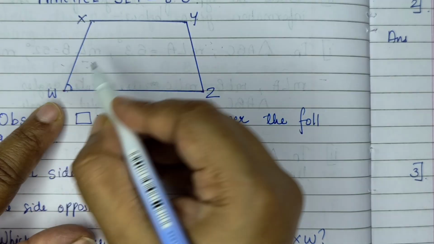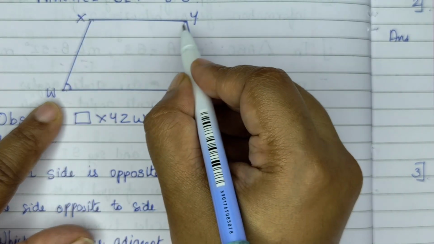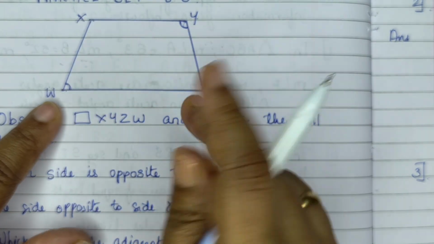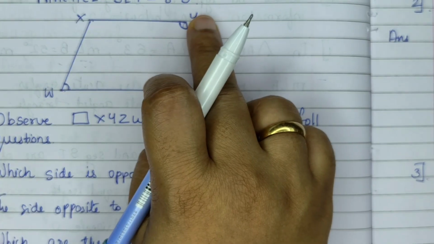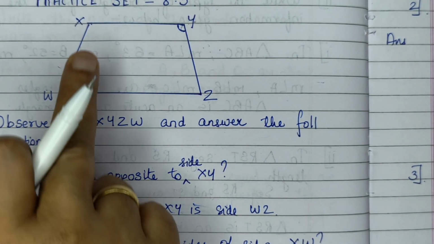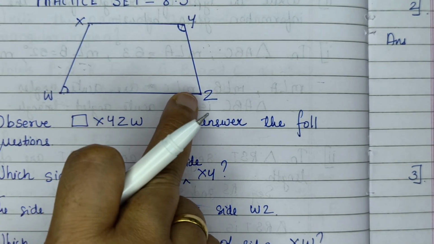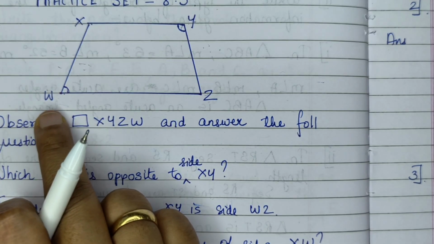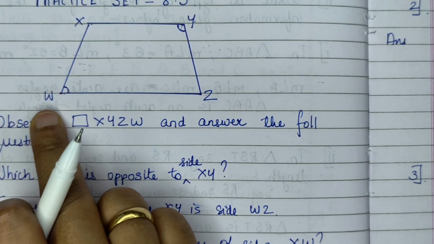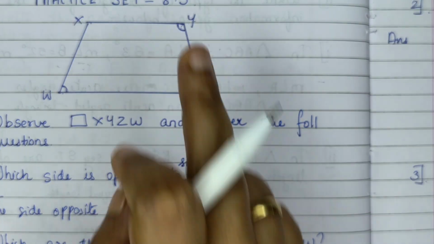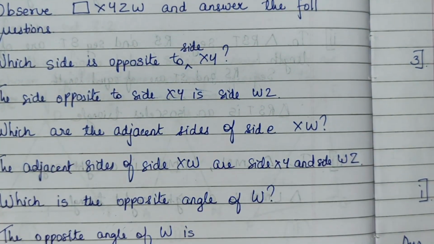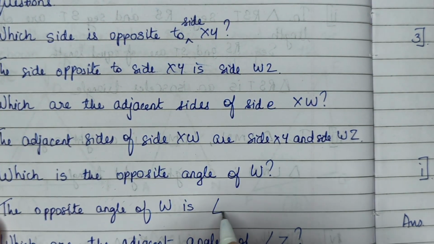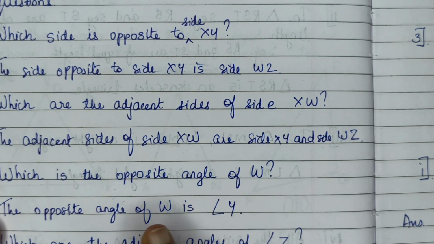Opposite to W, what is the other opposite angle to it? Y. Understood? So, this is called opposite angle. Now if they ask you what is the opposite to X, opposite to X is Z. But we don't need it now. For now, they have only asked us what is the opposite of W. So the opposite angle of W is angle Y. Understood?